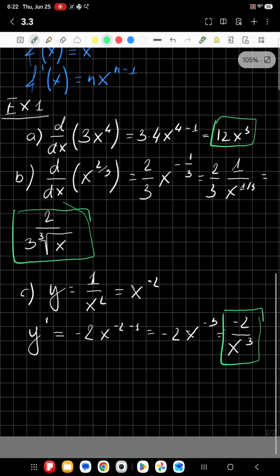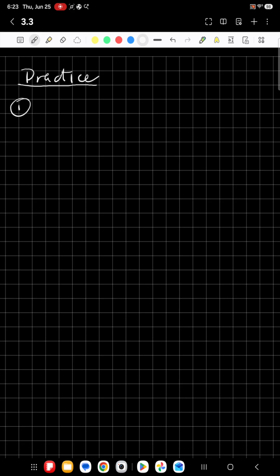So I'll give you a couple of problems for practice, and then we'll do more examples. That's practice. Calculate derivatives. I'm not going to write it.